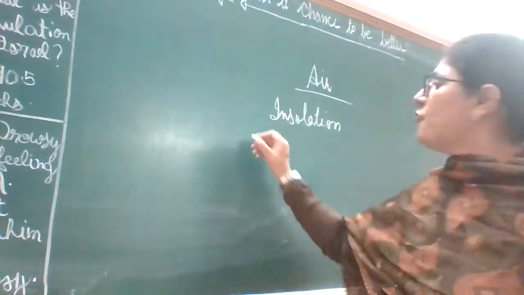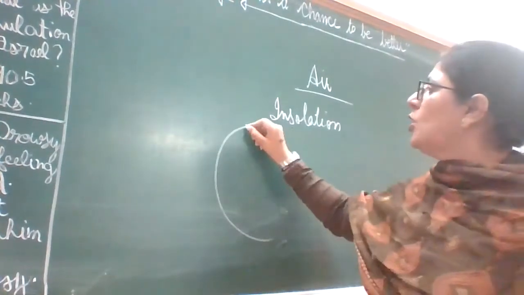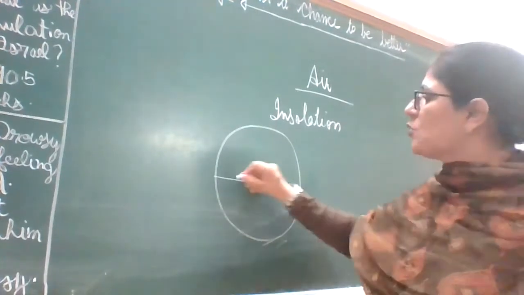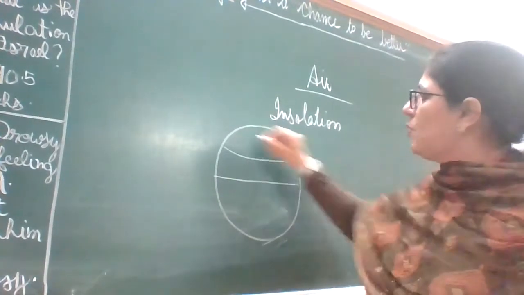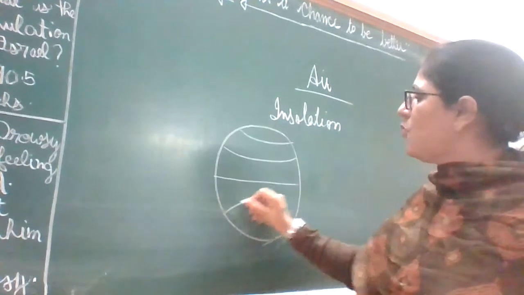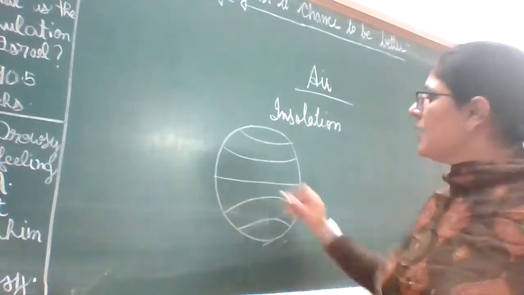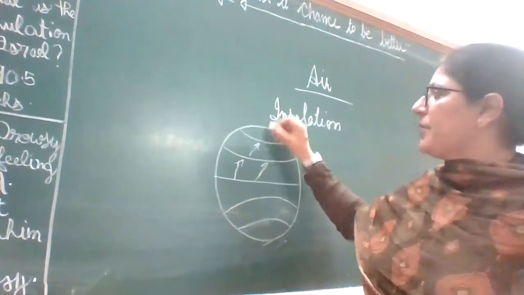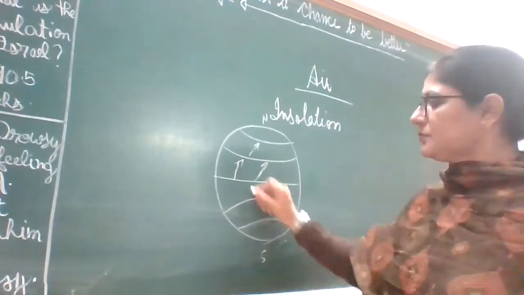As we move from the equator to the tropical area and the temperate area, the energy decreases and the temperature decreases. Is it okay?